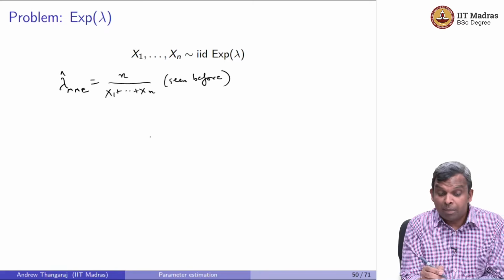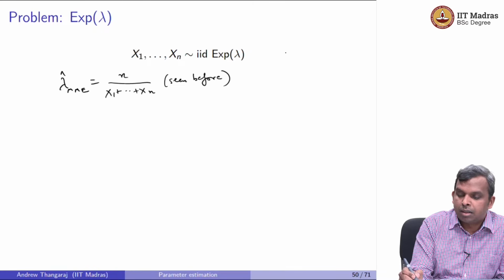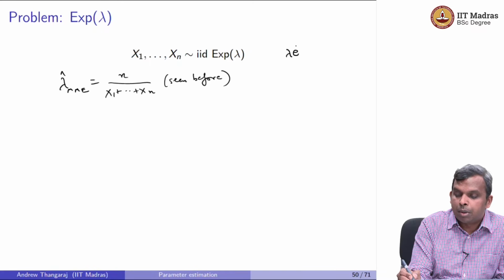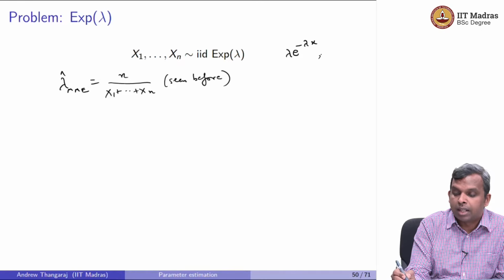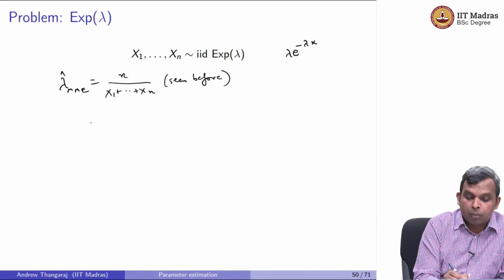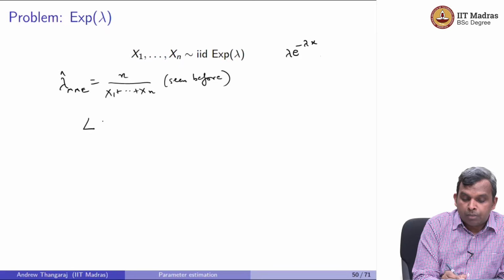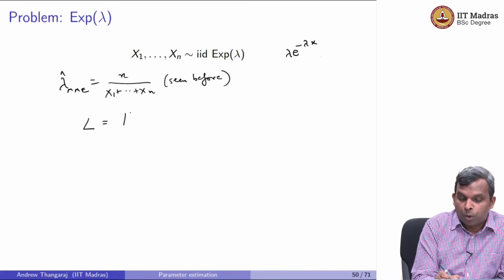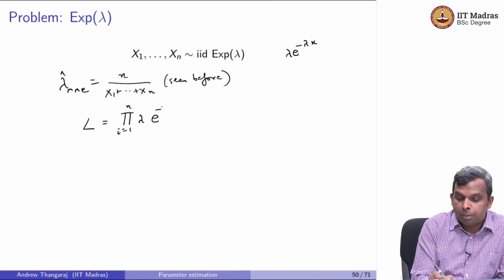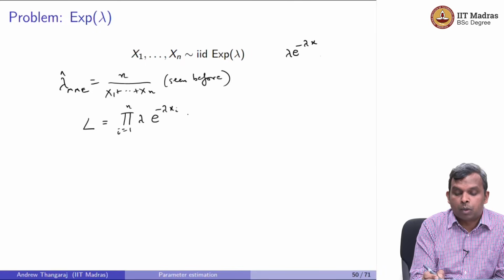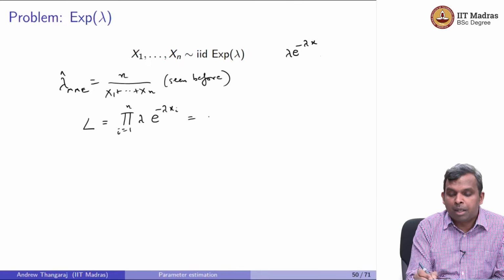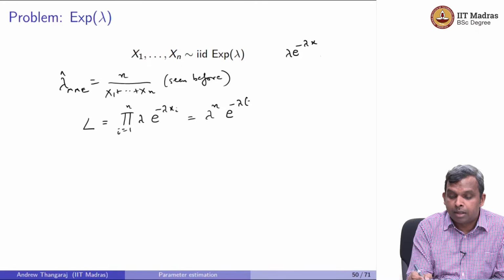How do we do ML? Remember the PDF is lambda e power minus lambda x for x greater than 0. So the likelihood is going to be the product i equals 1 to n of lambda e power minus lambda xi. Let us simplify: multiply this together, you get lambda power n e power minus lambda times (x1 plus so on till xn).